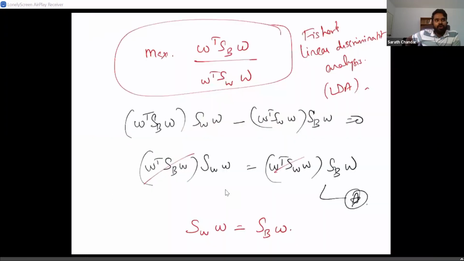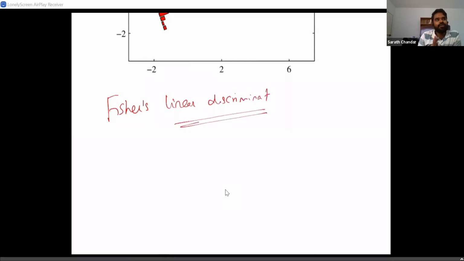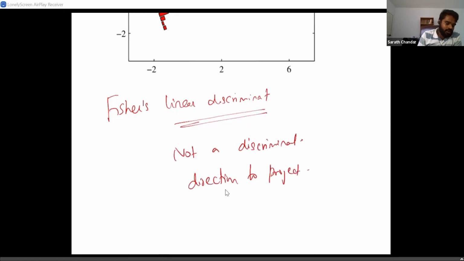However, note that the name Fisher's linear discriminant is often confusing, because what we have seen here in this algorithm is not a discriminant. What we have seen is just a direction to project, right?